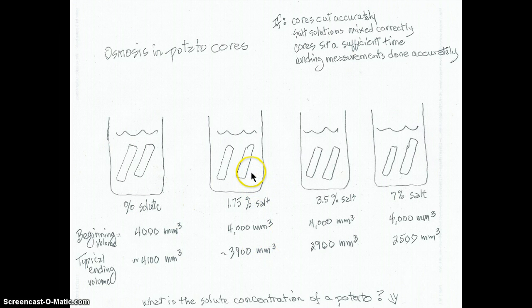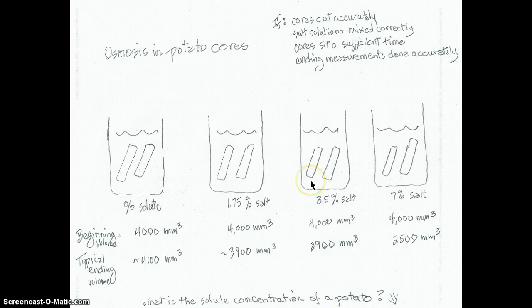That would mean that the cores are hypotonic in relation to the salt solution that they were in, which is hypertonic. So again, those terms: the cores were hypotonic in relation to the water. That means they had more water inside their cells, more water moved out than moved back in, and there was a net decrease in volume.